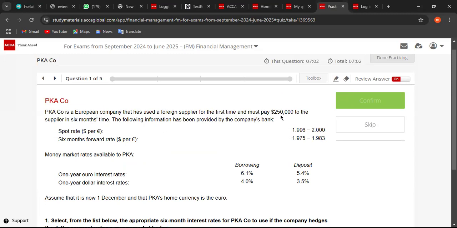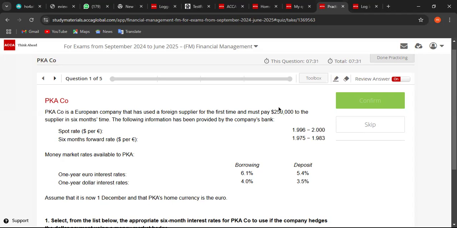It has to pay dollars. So it means that first of all, you have to take the present value of the foreign currency, that is the dollar. As this is a payment case, we will use the lending rate of our foreign currency.